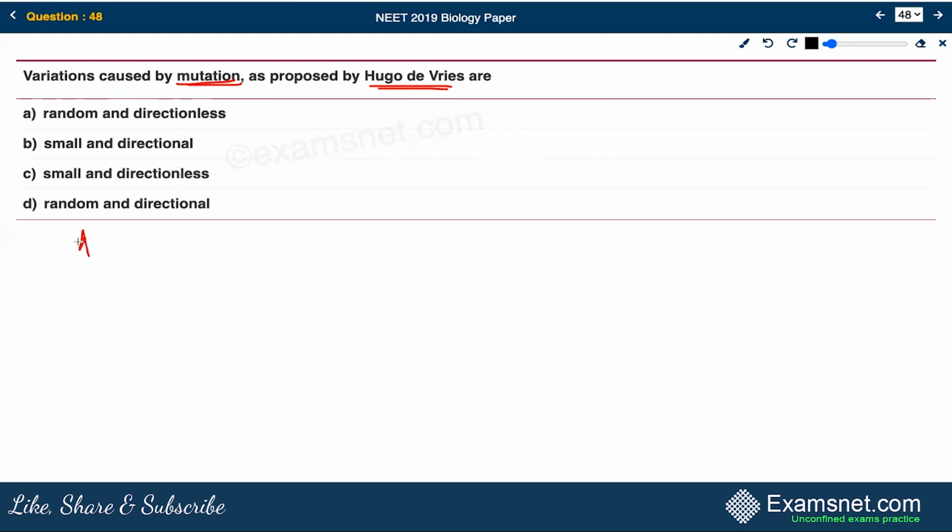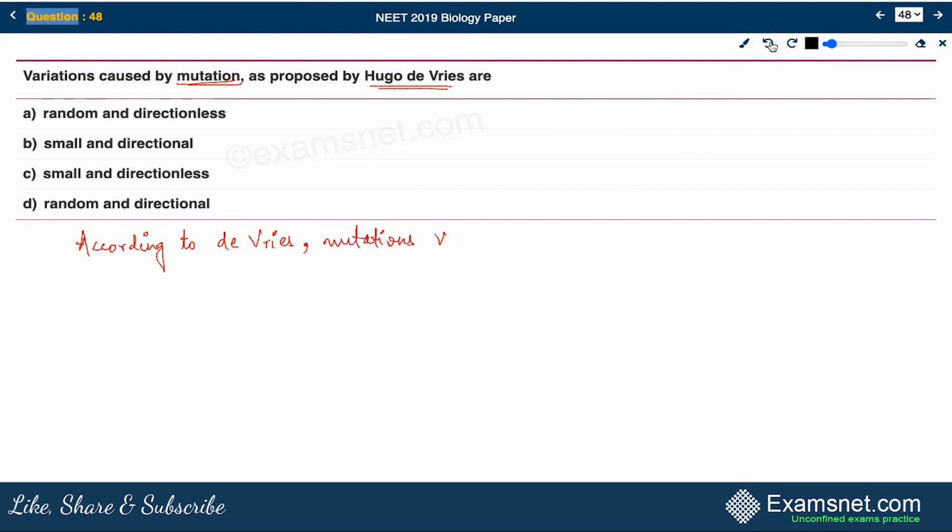So according to de Vries, mutations cause variations.